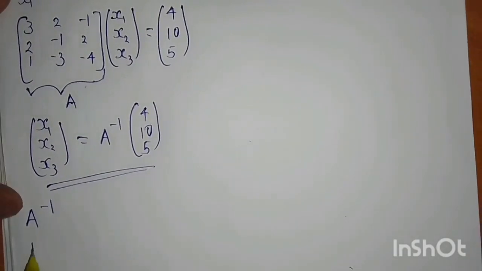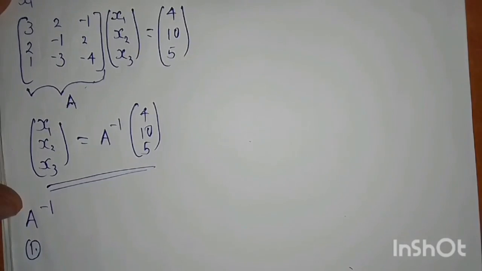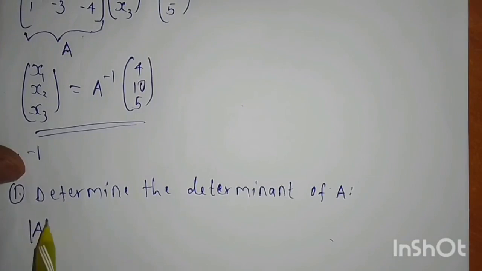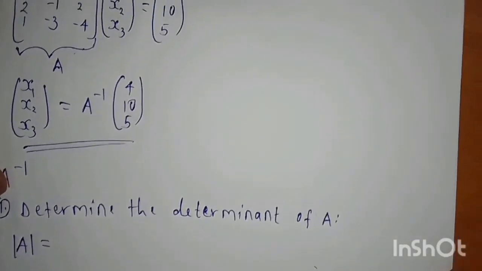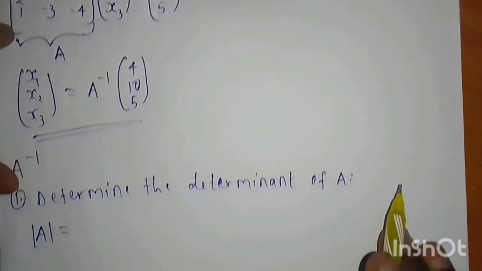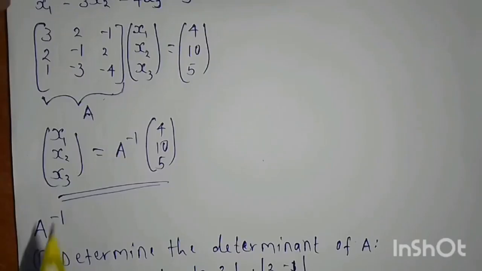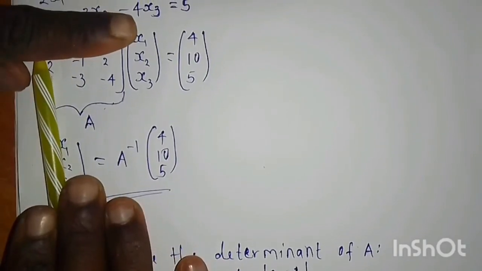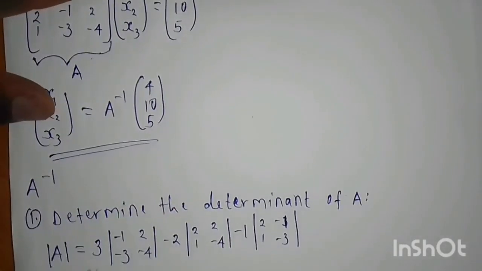The first step is to determine the determinant of A. So the determinant of A will be given by, this is our A. You take 3, multiply by the determinant of this matrix here.